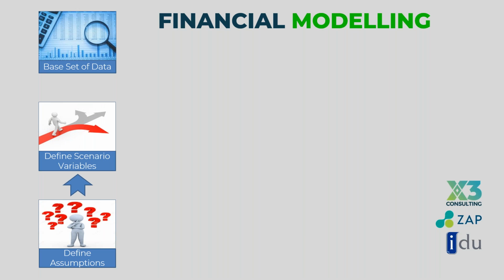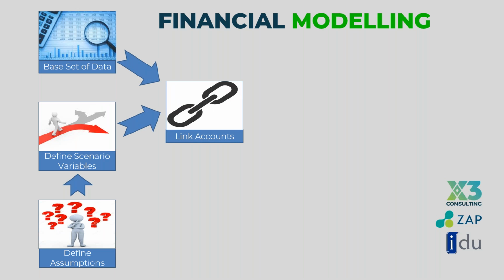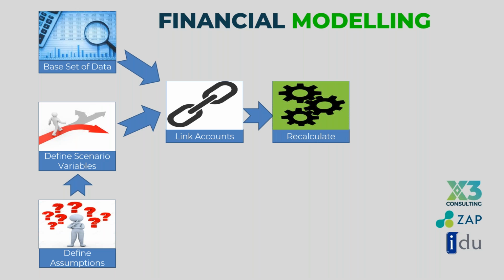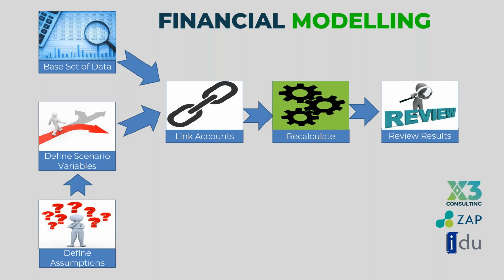Once you've defined your assumptions and your scenarios and you've got your base set of data, it's really a question of linking your assumptions or your scenarios to your data in terms of creating accounts. So the accounts that you have in your trial balance are driven by certain assumptions or by a combination of assumptions. So you need to link those together into a modeling environment. Then you need to push the button, recalculate, and that will give you results.